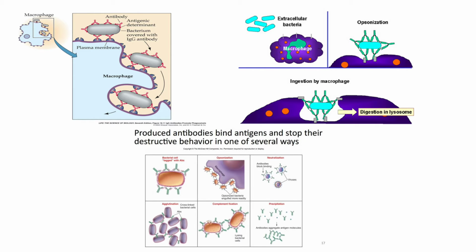So as you can see, this is how it looks like for the antibody to work, binding to the antigen. Like said previously, this is the macrophage that we have inside our body system. The opsonization will take place where the opsonin will engulf that particular pathogen, and then towards the end these binding molecules will be ingested by the macrophages.